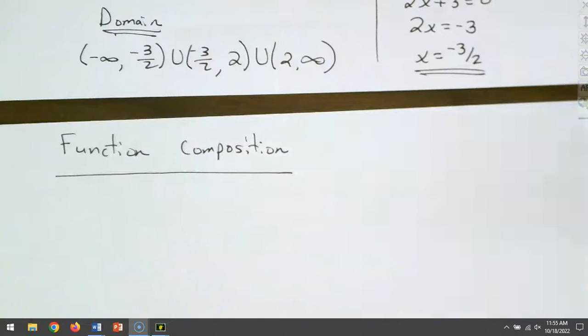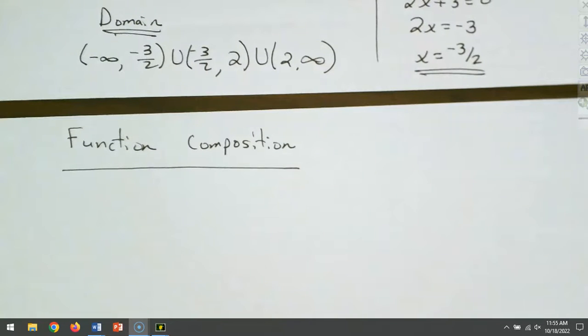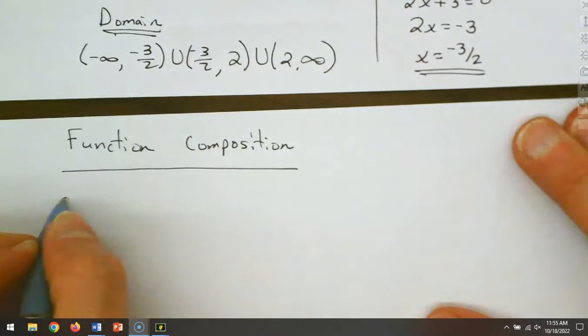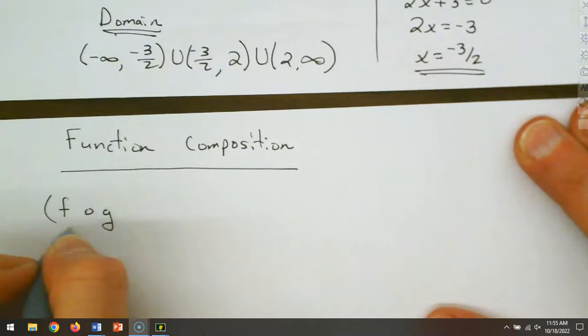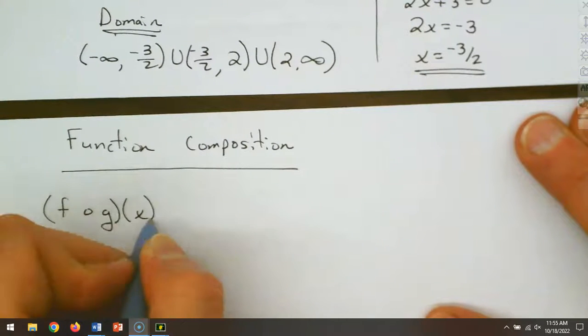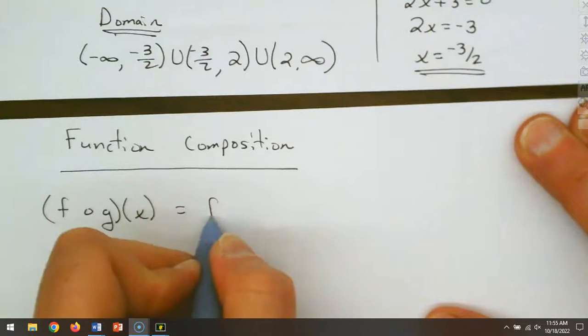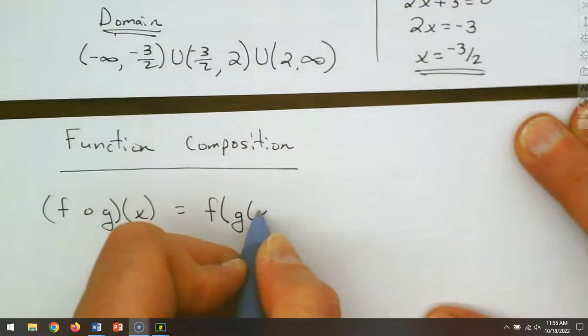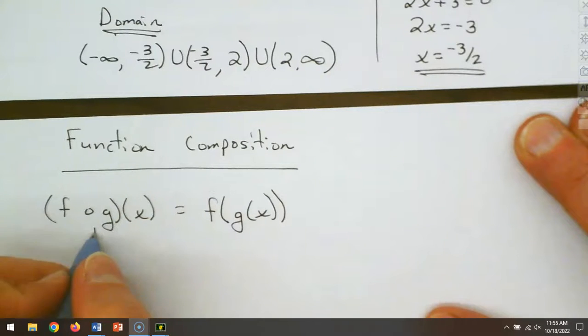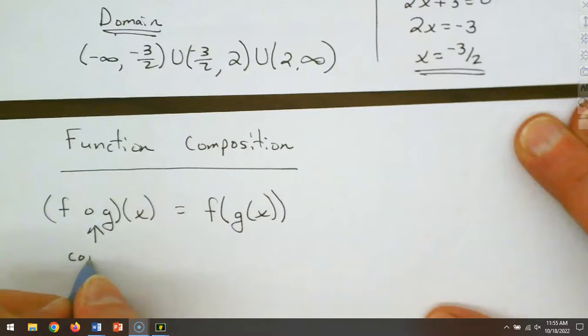And composition is the one operation that's unique to functions. And it has an open circle. And this is f composed with g of x.